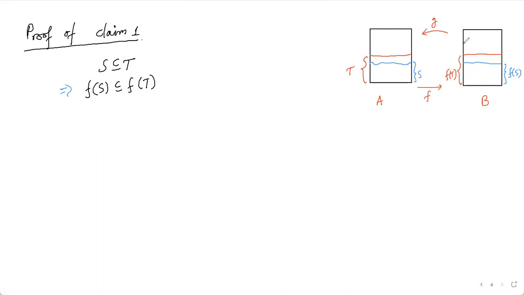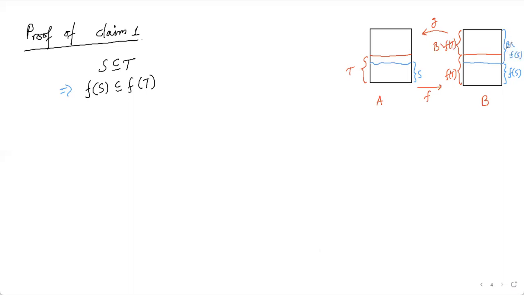Now see this portion, this is b minus f of t. And this portion is b minus f of s.